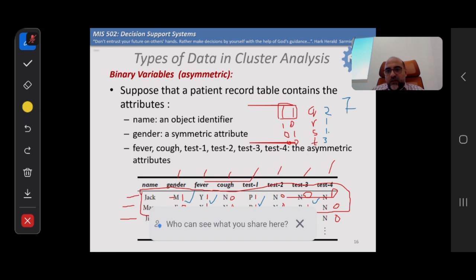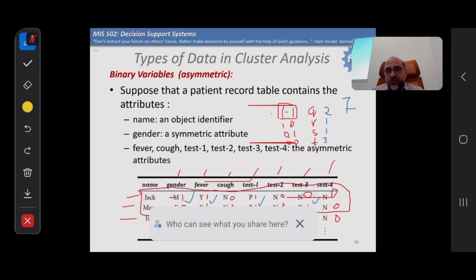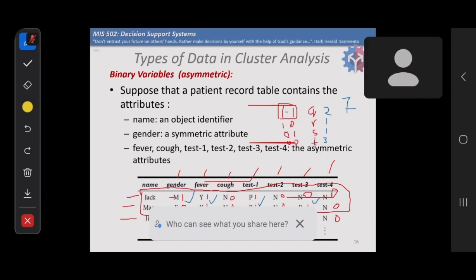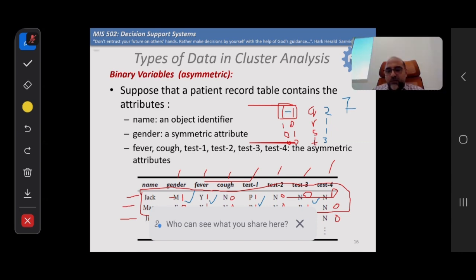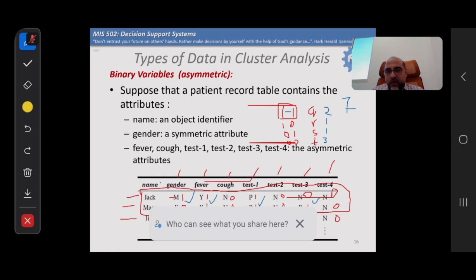Now, I want you to tell me which one of the cases between Q, R, S, T means things are the same. When both are 1 and 1, does this mean they are the same? Like male and male, does the characteristic match or not?